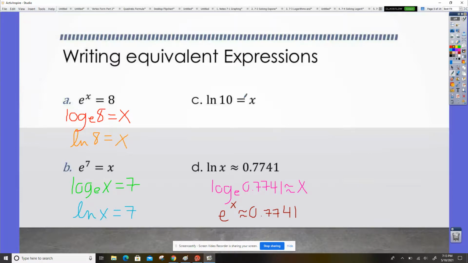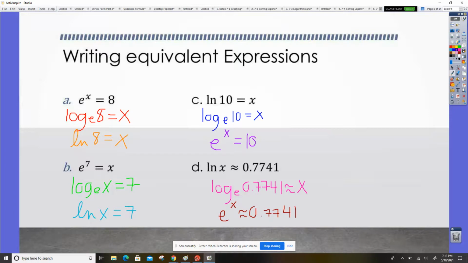Now if I go in reverse and I have it already in log, I want to go to exponential. For this problem, I'm going to start by writing it like we're used to seeing it. ln of 10 means log base e of 10 equals x. Now that I have it in that form, I can write log base e of 10 equals x as e to the power of x is equal to 10. And that's it.